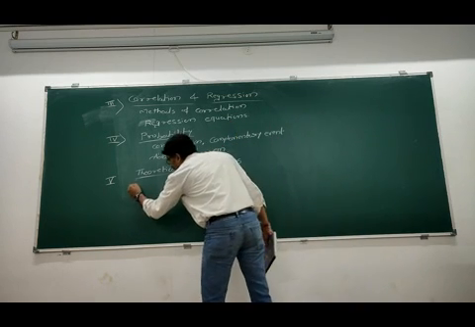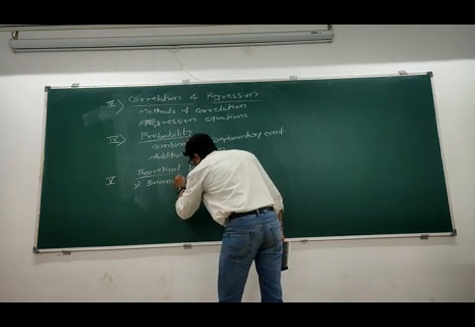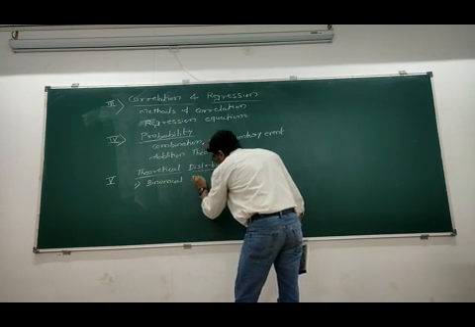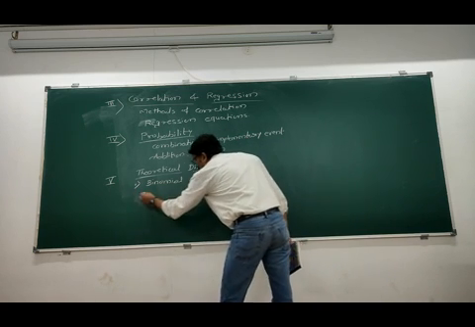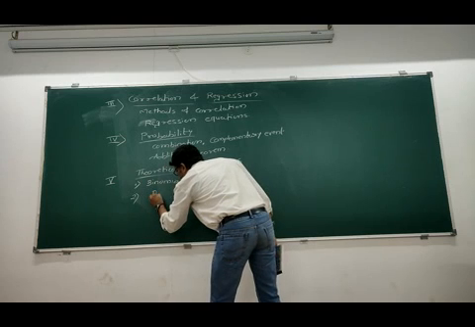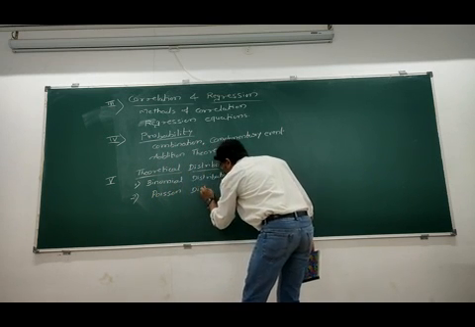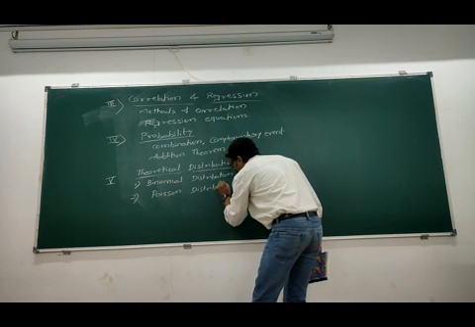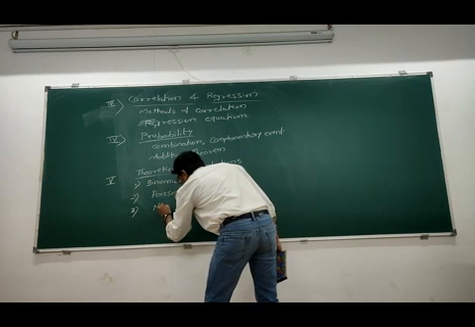First one is binomial distribution. Second one is Poisson distribution, and third one is normal distribution.